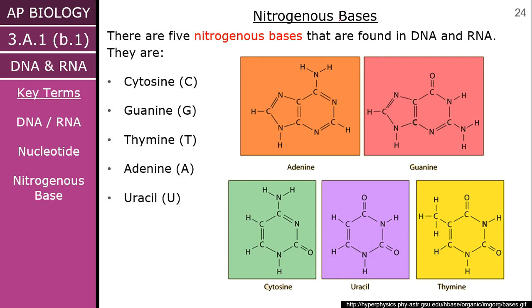So there are going to be 5 nitrogenous bases across both DNA and RNA. Okay, so right here, these top 4, so C, G, T, and A, are going to be found in DNA. Okay, so these are your big 4 for DNA, and obviously DNA is pretty dang important. Uracil is going to be unique to RNA. So this guy right here, uracil, that is only found inside of RNA.